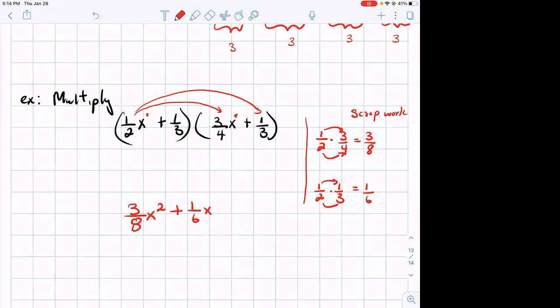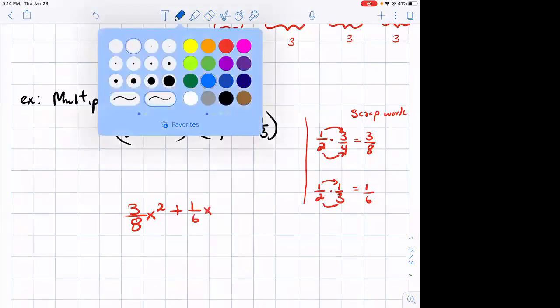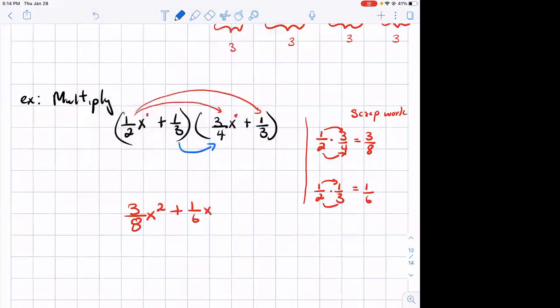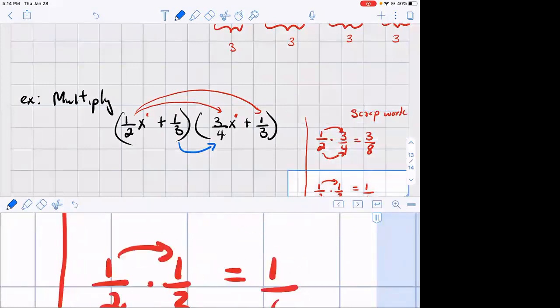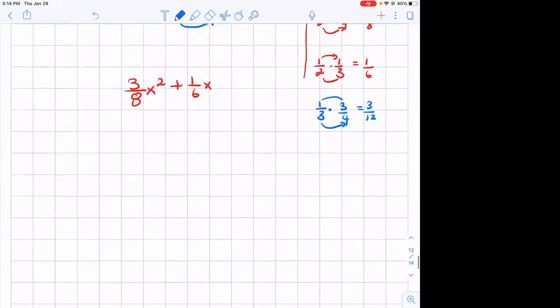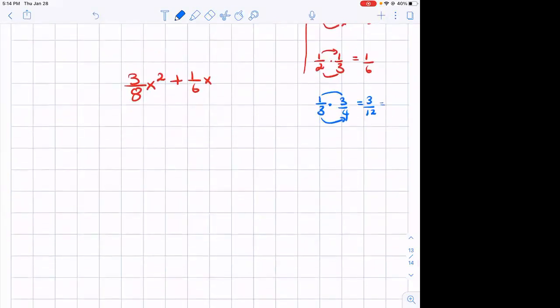There's nothing else to distribute the 1/2 to, so now we move to the 1/3. What is 1/3 times 3/4? Well, 1 times 3 is 3, 3 times 4 is 12. And this can be simplified to 1 over 4, because you can divide here by 3, and you can divide here by 3.